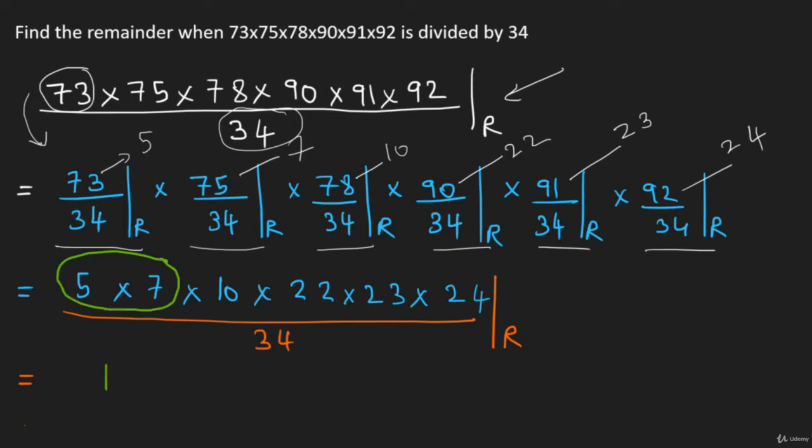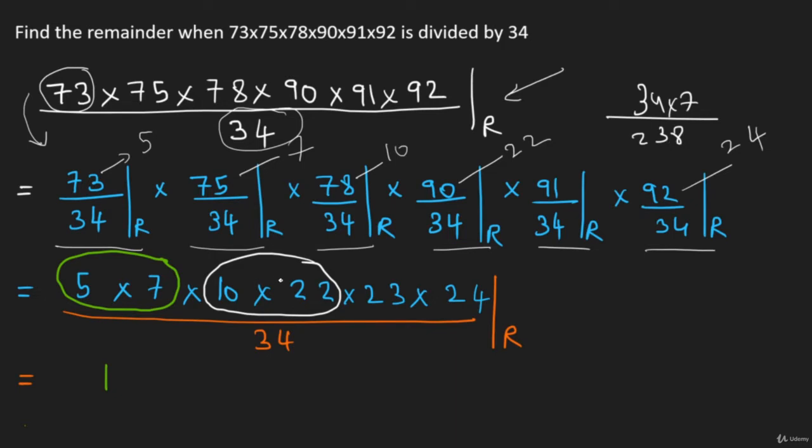Alright, so let me write that over here. Now let me take 10 and 22, that's 220. If I do 220 divided by 34, what would be the remainder? Let's by trial and error check out what is a close multiple of 34 that gets close to 220. So I can see that 34 into 7 gives me 238. Alright, make some space over here. 34 into 7 gives me 238.